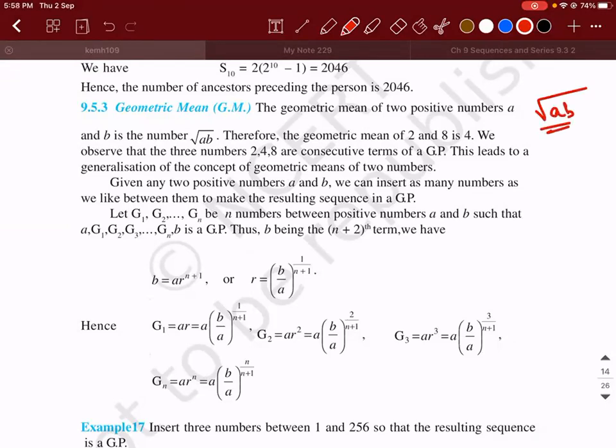Then you will get a complex number. So when defining the geometric mean, the formula root AB is applicable only when A and B are both positive. That is why the definition starts like this: the geometric mean of 2 positive numbers A and B. Please underline that.